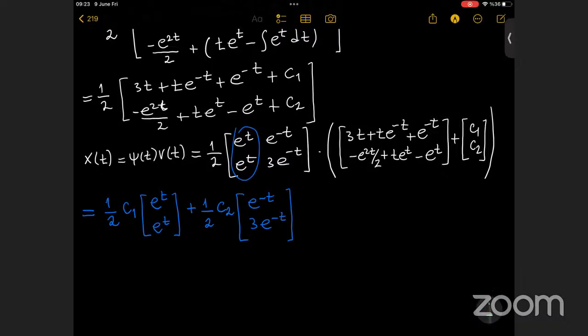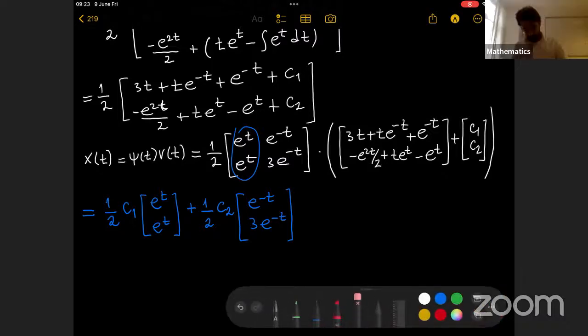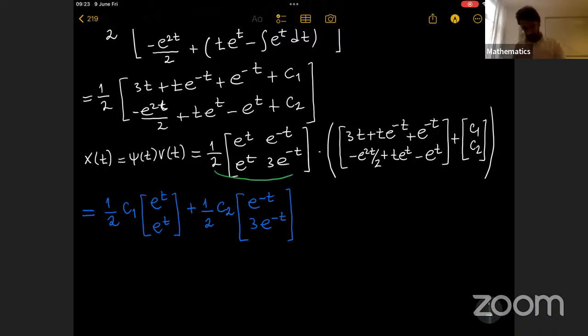Okay. Now we multiply this one with that one to get the particular solution. And 1 over 2 is out. So basically you will get what? Choose this one and that one. So you multiply e to the t with the first row of the second matrix.